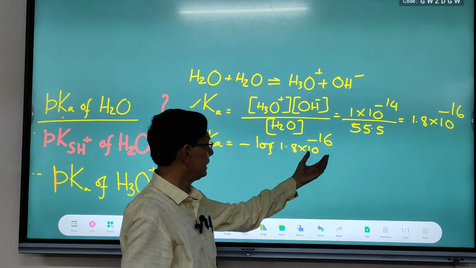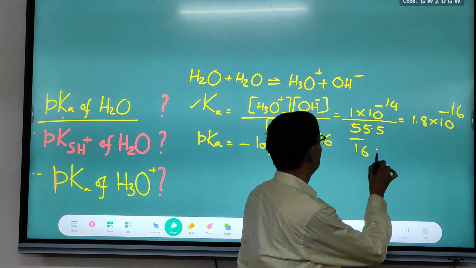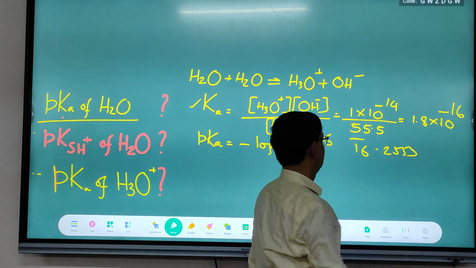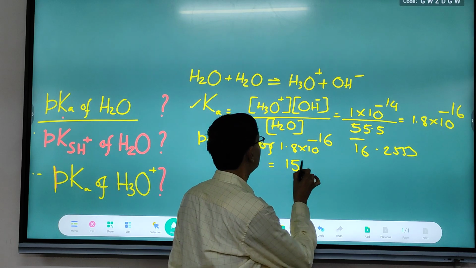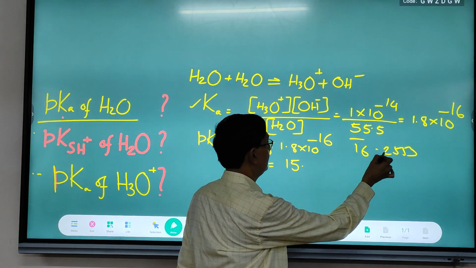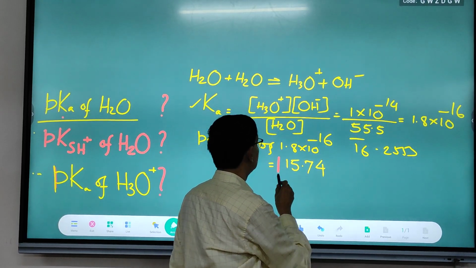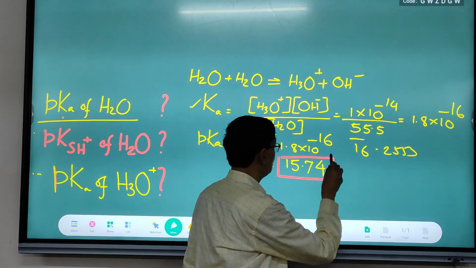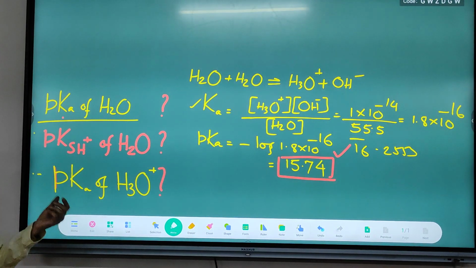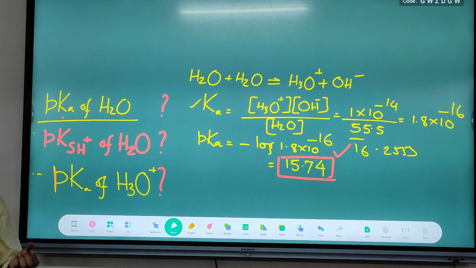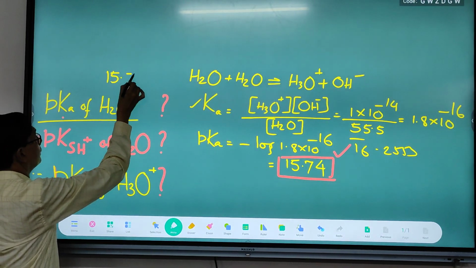So you know that it is bar 16, and the log of 1.8 is around 0.2553. So we will get 15.74 approximately at 25 degrees. So my first part is over. The pK of water is 15.74.